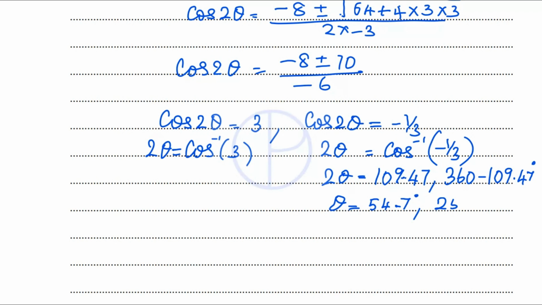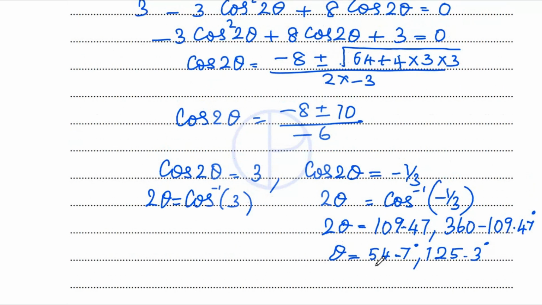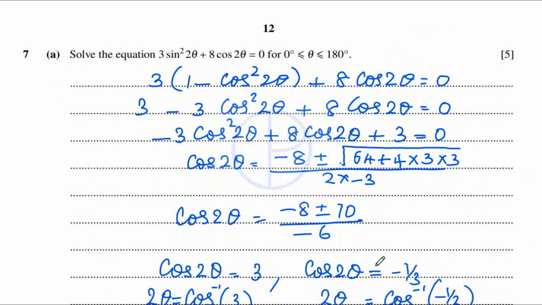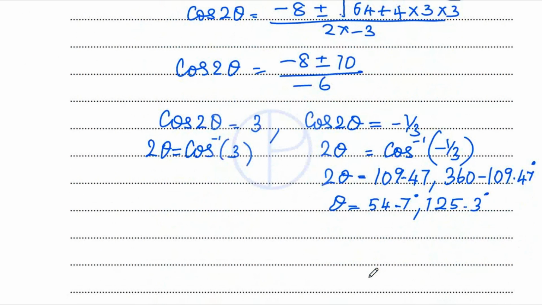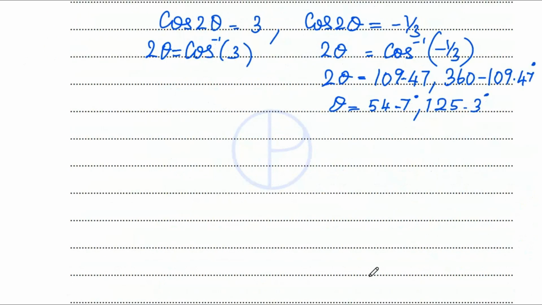So divide by 2, you will get 125.3. So these are the two values within this interval. So theta is equal to 54.7 degree and 125.3 degree.